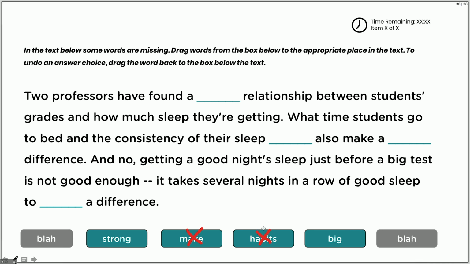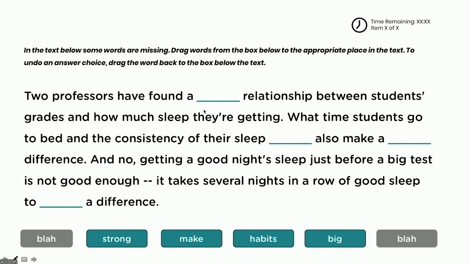And so we're left here with two adjectives, okay? We've got the noun here and we've got a spot here for an adjective. A-D-J, okay? And of course, we know that this is strong relationship. You might be familiar with that particular collocation, a strong relationship.